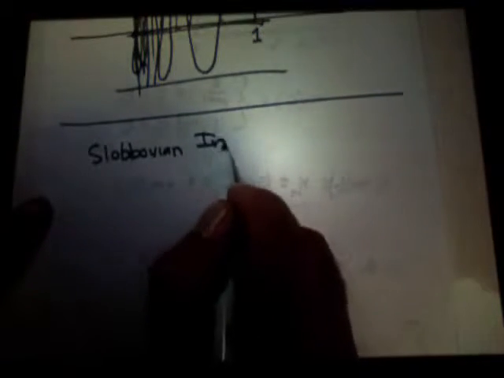Here's an idea. Let's see if we can investigate this. This is an idea from Tom Apostol at Caltech. It's called the Slavovian integral, because mathematicians from Slavovia are lazy, and they only like to use rational numbers.